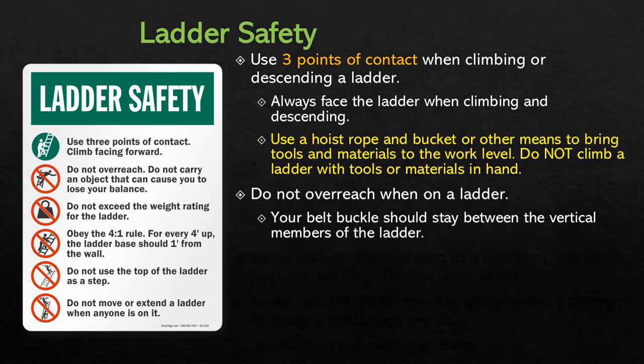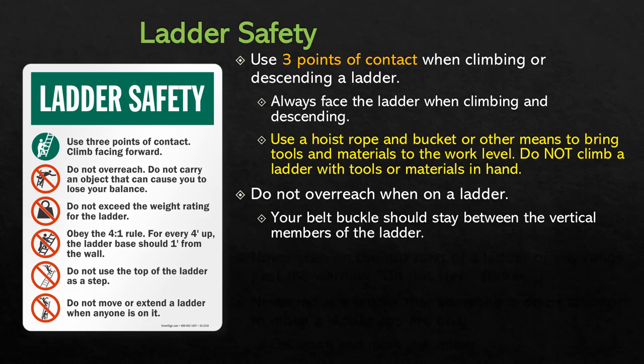When you're on a ladder and you've gotten up to the point where you're doing the work, do not overreach. The thing to remember with overreaching is, even if you're not wearing a belt, imagine a belt buckle, an object right in the middle of your waist. That object, whether it's a belt buckle or some other visualization of that, must stay between the vertical members of the ladder at all times.